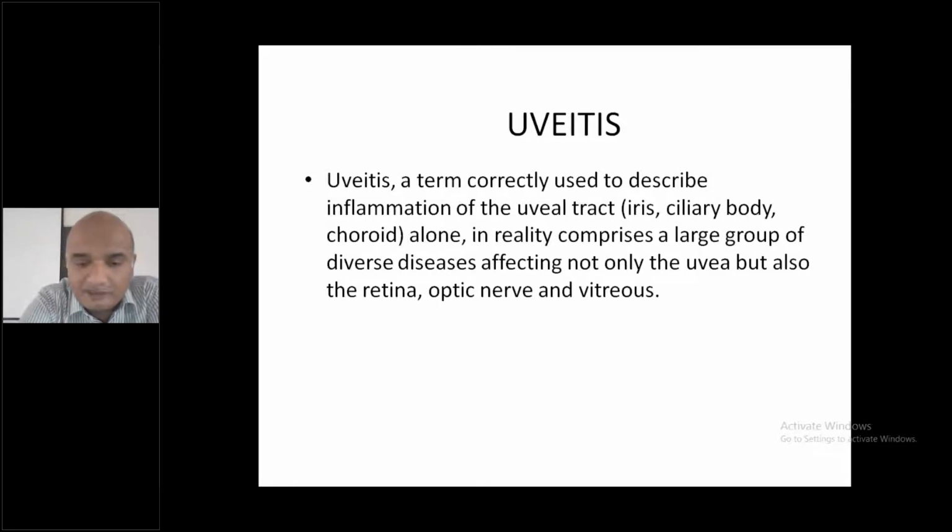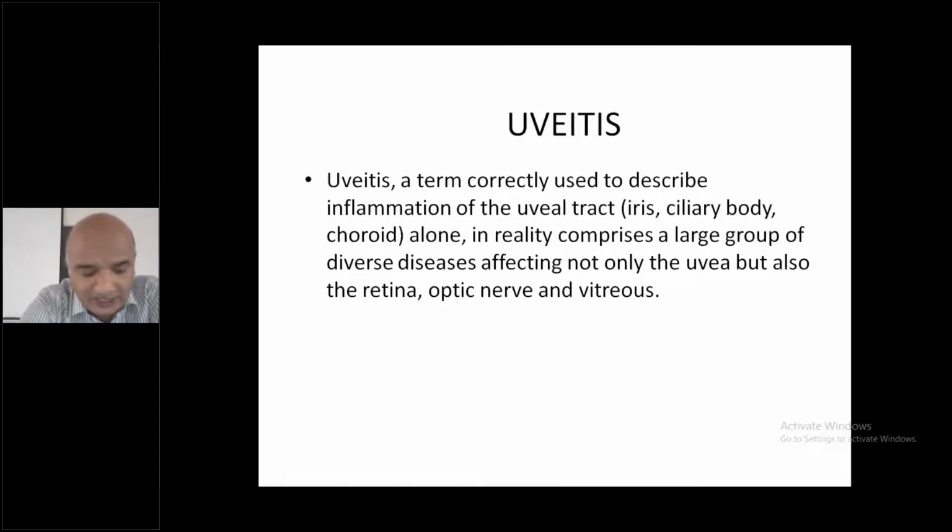The primary problem is in the uvea, but the surrounding structures also get involved. So based on the amount of involvement of the uveal tissue, the involvement of the surrounding structures, and the type of clinical features in them, we give a name to the type of uveitis.